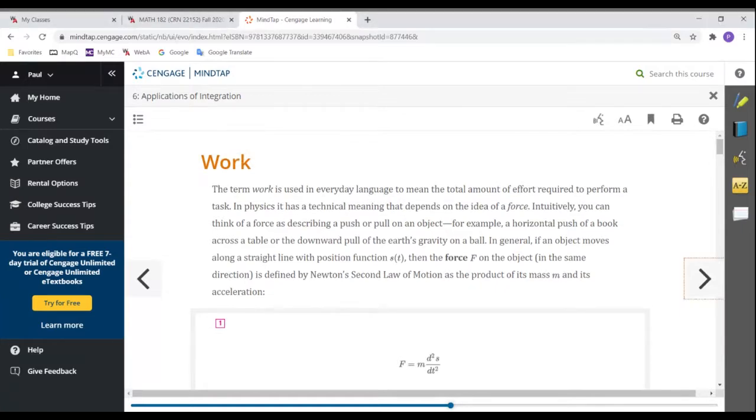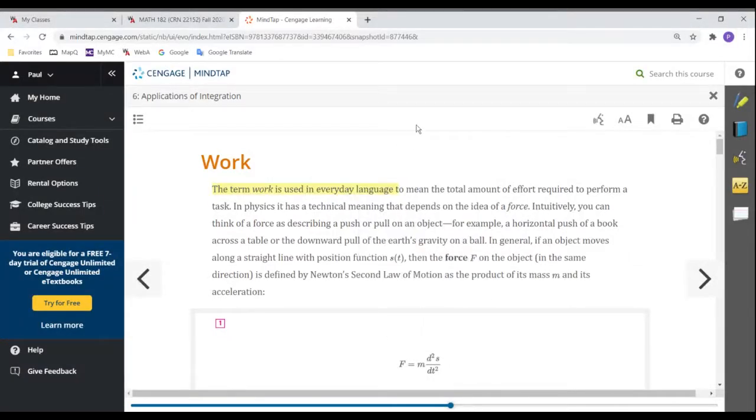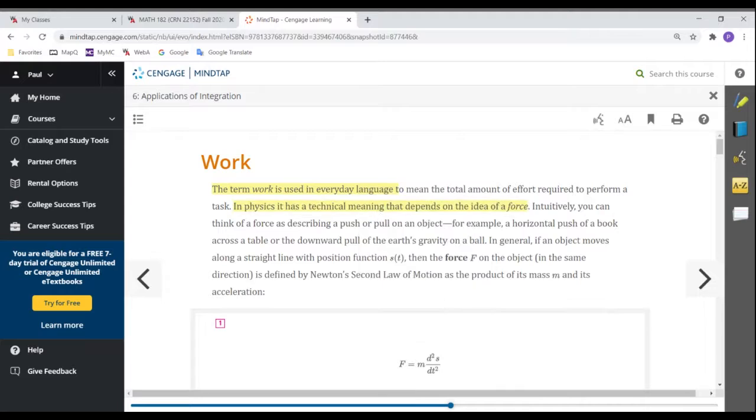What does work mean? Well, work is used in everyday language to mean the total amount of effort required to perform a task. In physics, it has a technical meaning that depends on the idea of force.